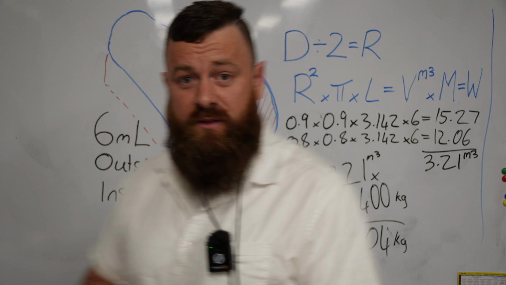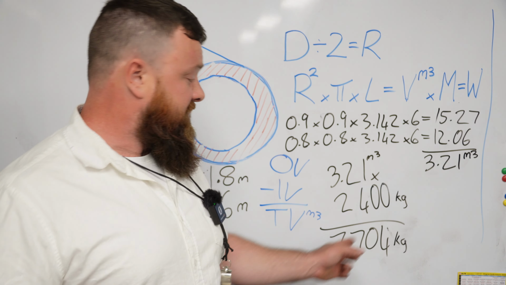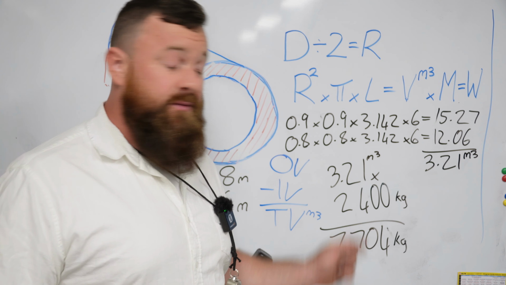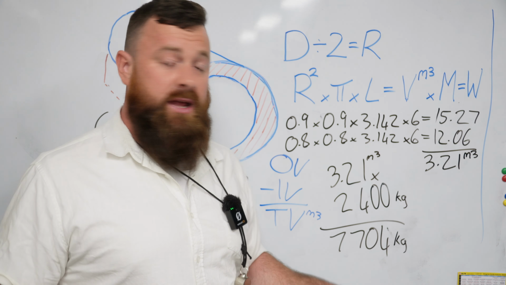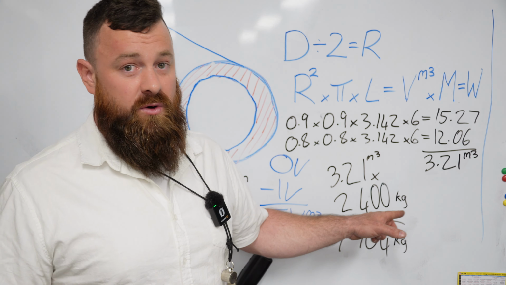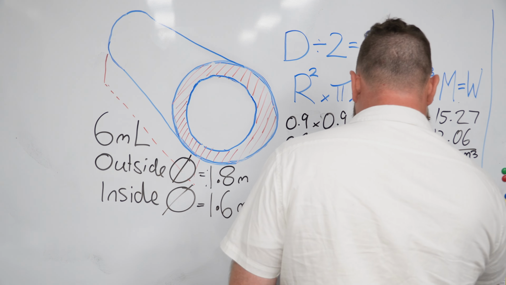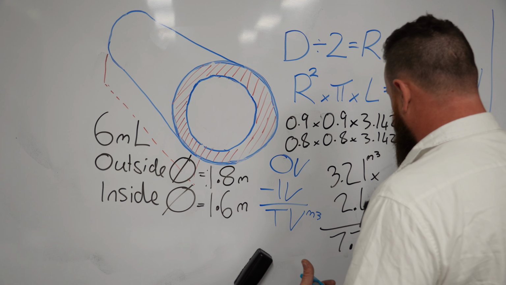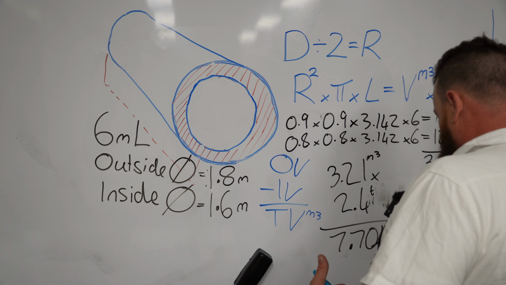Now it's really important that you do not mess up this step, because it's not 7,704 tons, and it's not 7.704 kilos, is it? It's 7,704 kilos, because you multiplied by 2,400. Or if you multiplied by 2.4, you would have 7.704 tons.